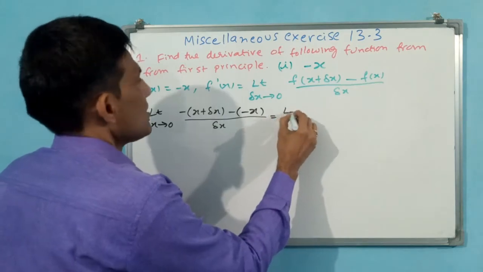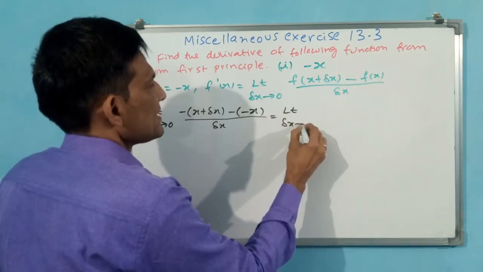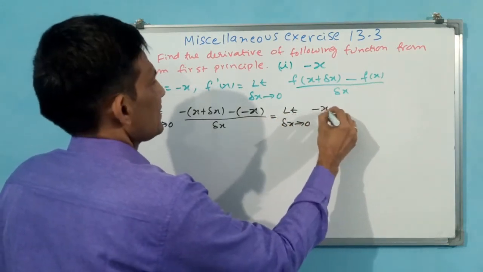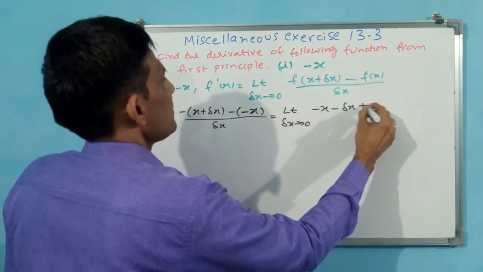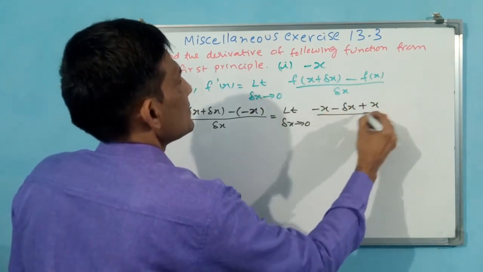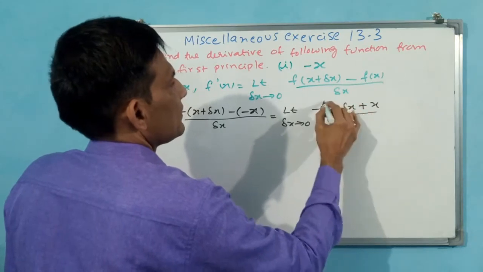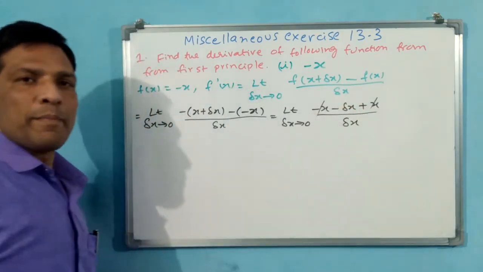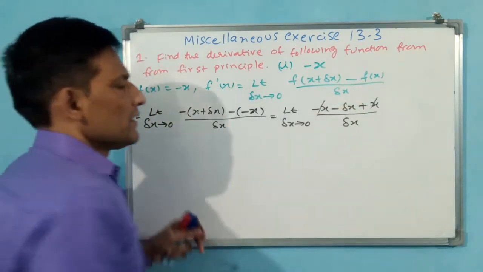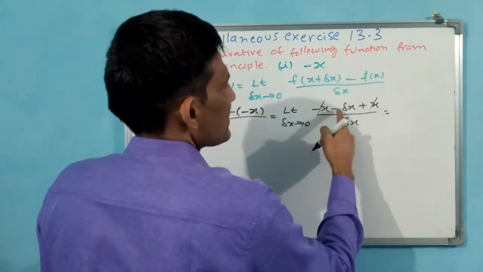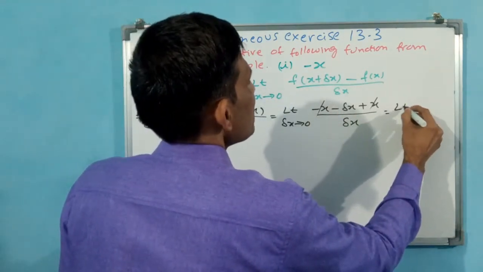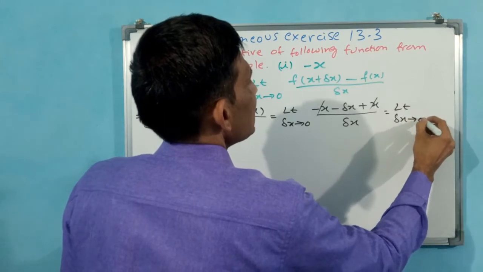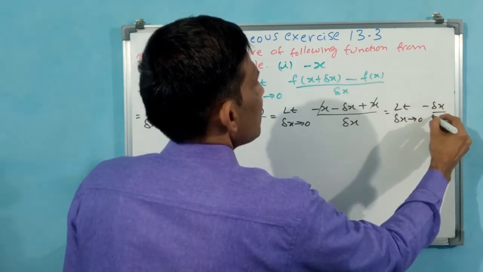That is equal to. Now you open the brackets. Minus x minus delta x plus x. Is it okay? Definitely okay. Now what will be the answer? You see, minus is there, minus delta x. That is why limit delta x tends to 0 of minus delta x by delta x.